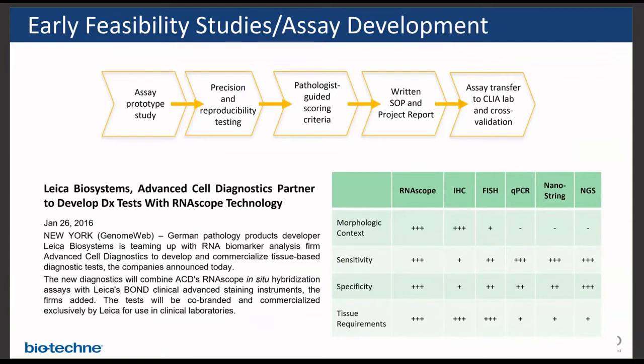In 2016, we collaborated with Leica to develop such CDx assays, and on the right side of this slide, you can see that RNAscope, compared to the other technologies, encompasses pretty much all of these 4 types, including morphological context, sensitivity, specificity, and tissue requirements.